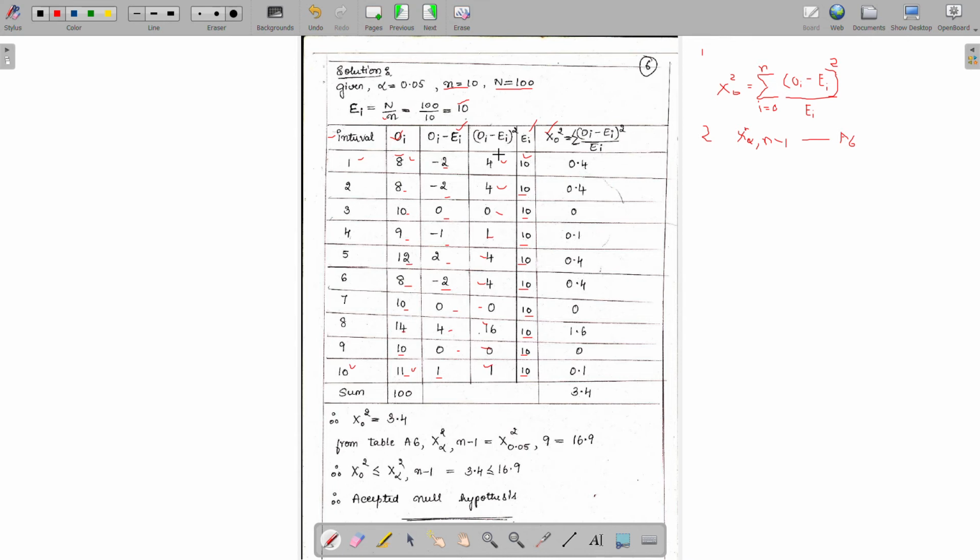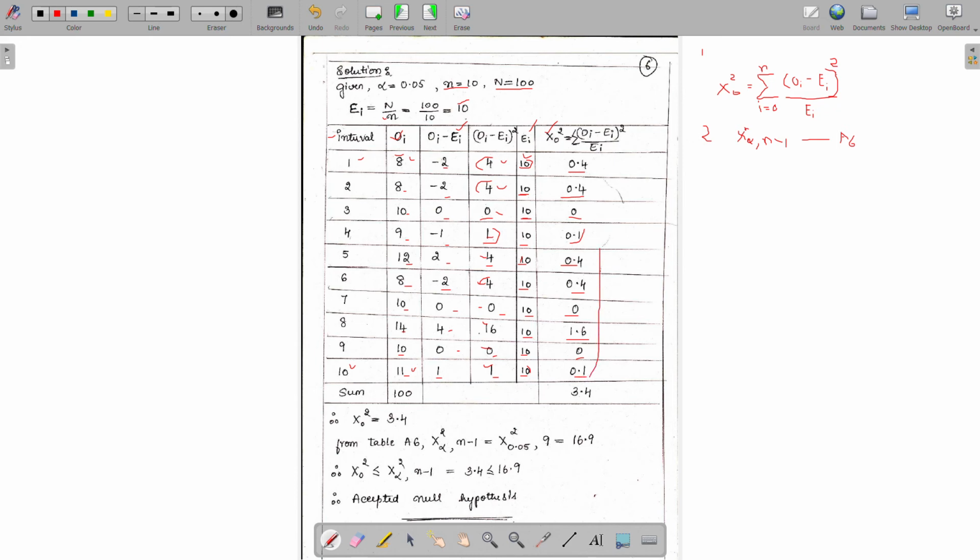Next, Oi minus Ei squared divided by Ei. So 4 divided by 10 will get 0.04. 4 divided by 10, 0.04. 0 divided by 10, 0. 1 divided by 10, 0.1. 4 divided by 10, 0.4. 4 divided by 10, 0.4. 0 divided by 10, 0. 16 divided by 10, 1.6. 0 divided by 10, 0. 1 divided by 10, 0.1.